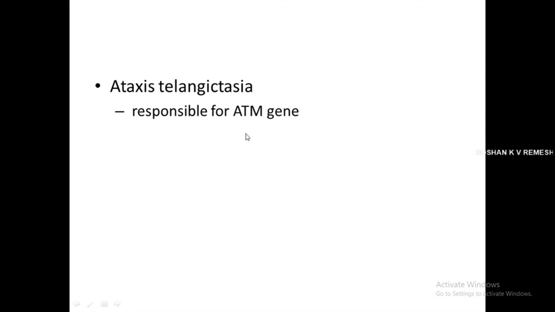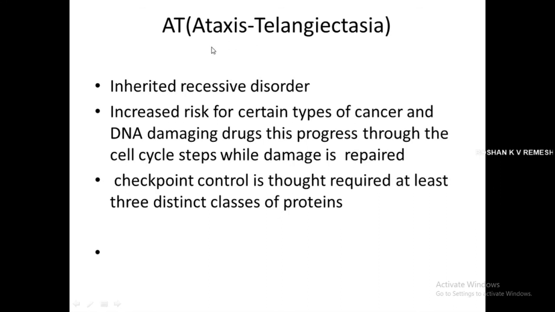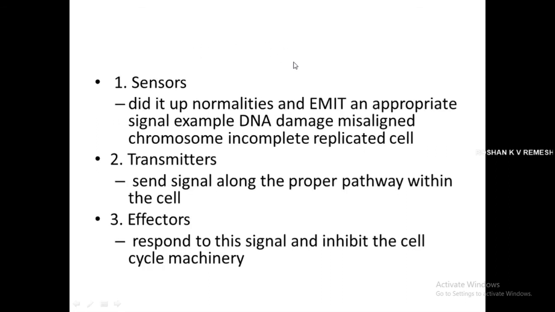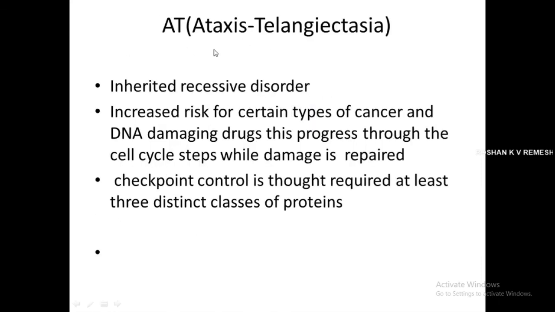That means if both alleles of the ATM gene are mutated, then they may develop ataxia telangiectasia. So what is ataxia telangiectasia? This is an inherited recessive disorder. Recessive means if both alleles of the ATM gene get damaged, then only this condition may develop.